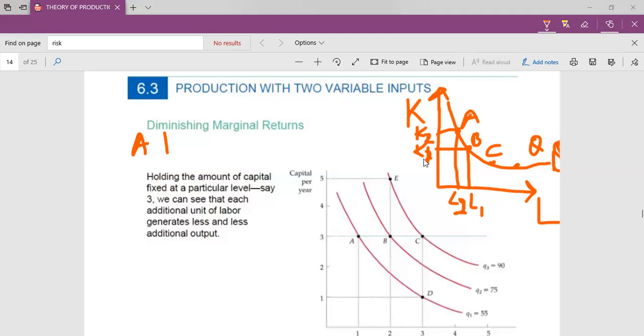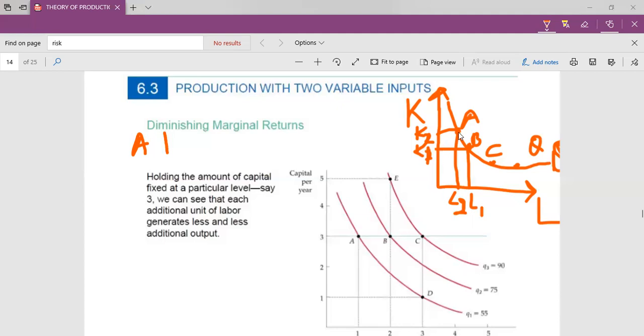Then also you have, like here, one machine and one laborer used. Then you get output there. So that point B represents the amount of output that you will get using various combinations of two inputs, right? So that is an isoquant.